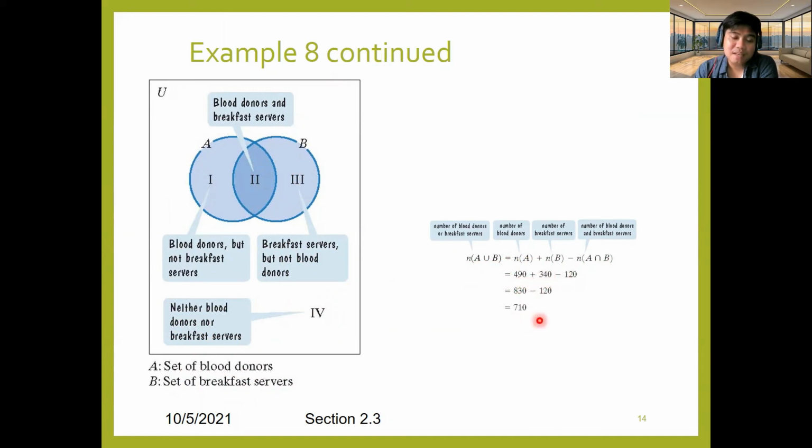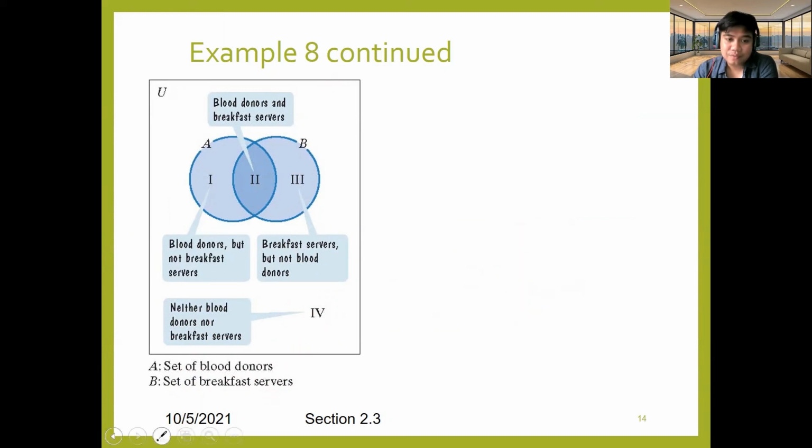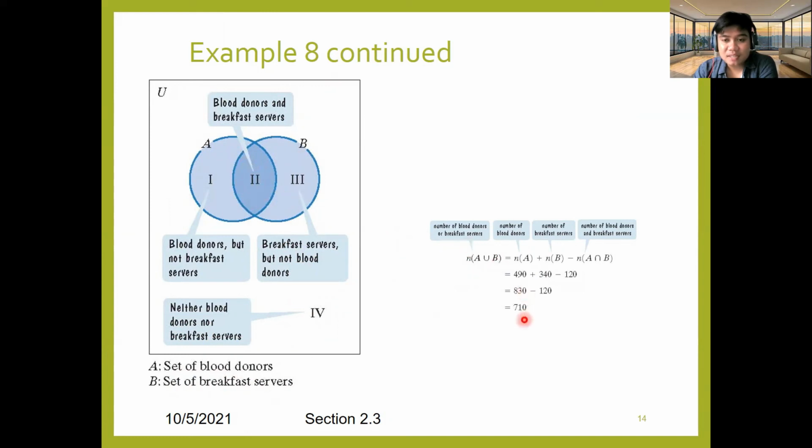That will become 710. So, ang cardinality o ang bilang ng mga blood donors or breakfast servers will be 710.